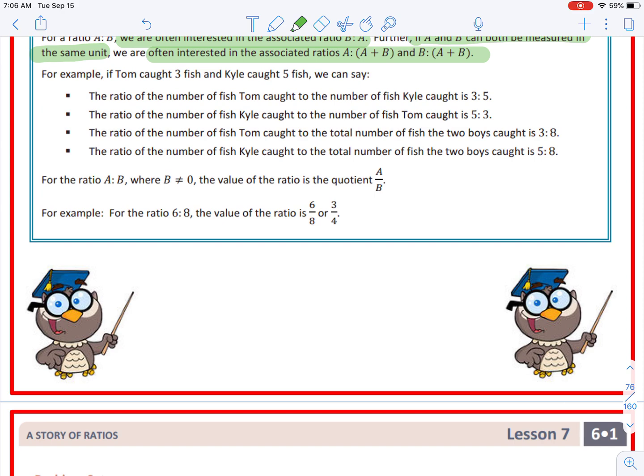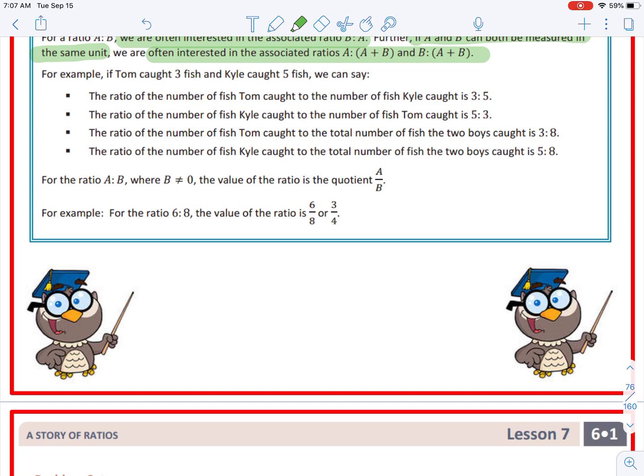The ratio of the number of fish Kyle caught to the number of fish Tom caught is 5 to 3. It's just switching order. The ratio of the number of fish Tom caught to the total number of fish the two boys caught is 3 to 8. And the ratio of the number of fish Kyle caught to the total number of fish the two boys caught is 5 to 8.